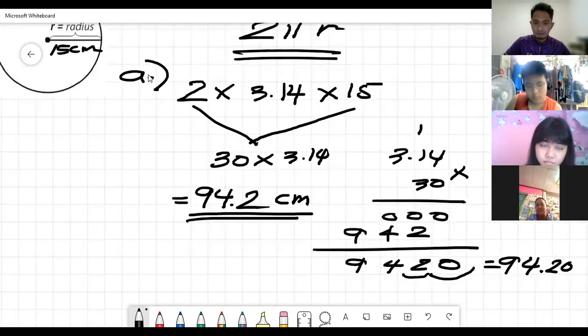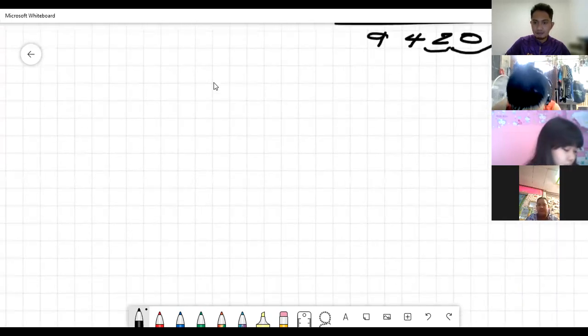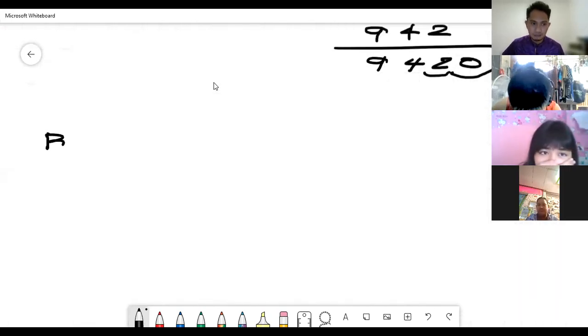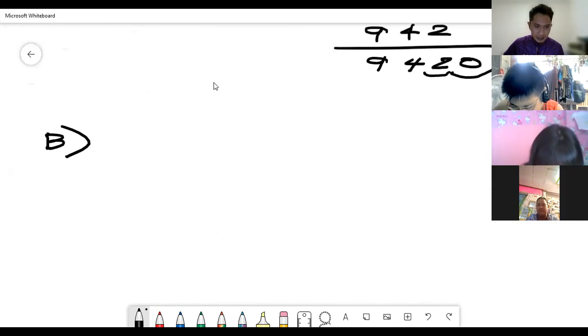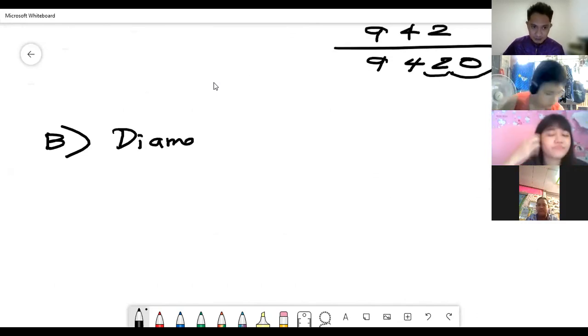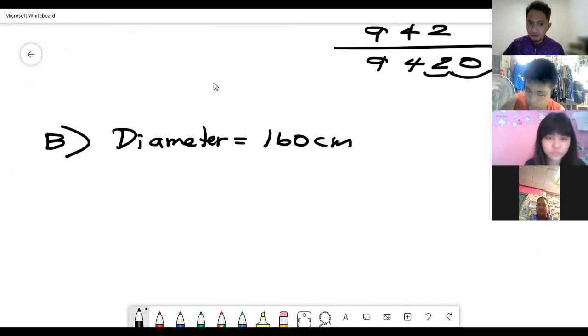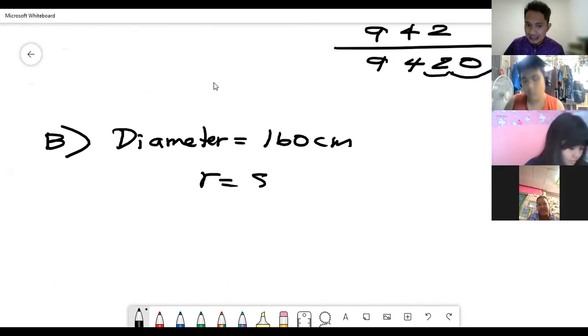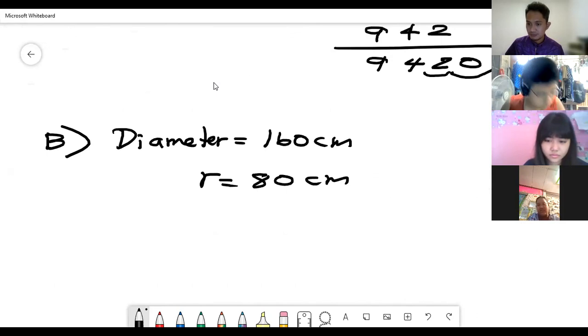Letter B, everyone. The diameter is 160 centimeters. Therefore, the radius is equal to 80 centimeters.